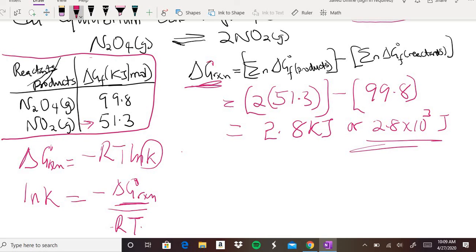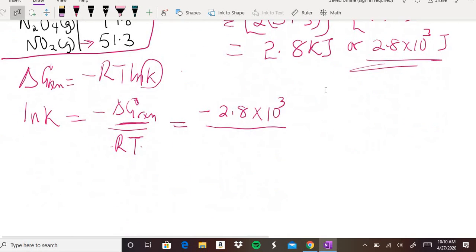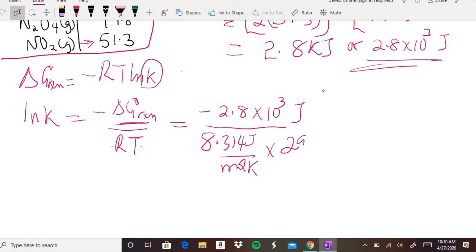Now we just plug it into this equation, and it gives us negative 2.8 times 10 to the 3 over R, our gas constant, which is 8.314 joules per mole Kelvin, times 298 K, which has been given to us. When we plug this into the calculator, it gives us negative 1.13.